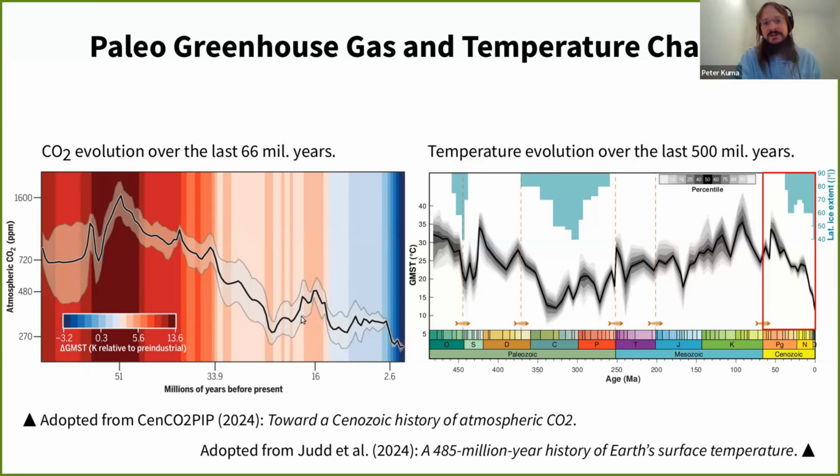The decrease of temperature is related to the rise of mammals as species, and that's because they thrive in lower temperatures. The previous time periods were more dominated by reptiles and so on.